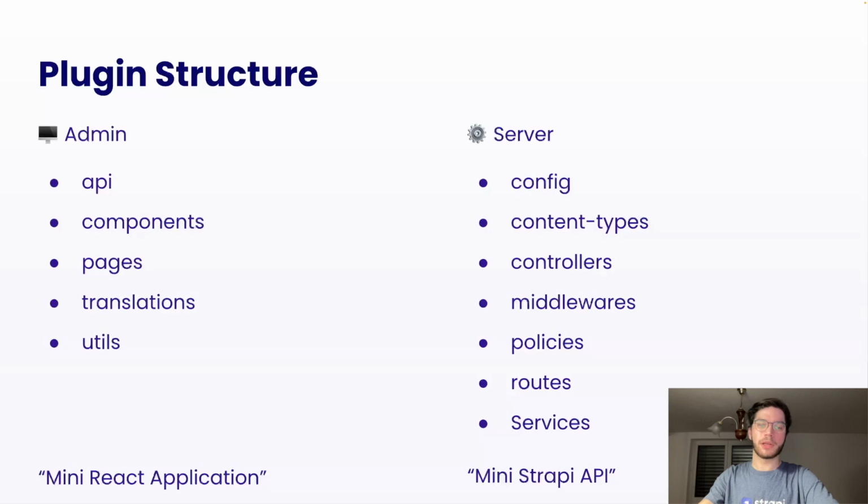So if you are familiar with development in React, you are basically going to feel right at home. And then there is the server part, which is basically a mini Strapi API with some boosted functionalities. So you should also be familiar with this if you have opened any file inside the Strapi application.